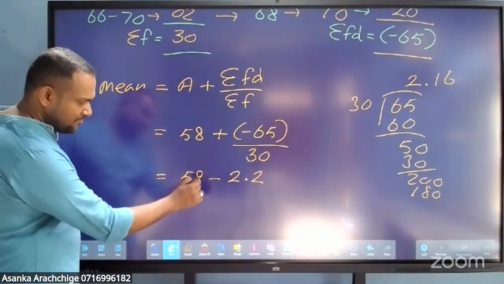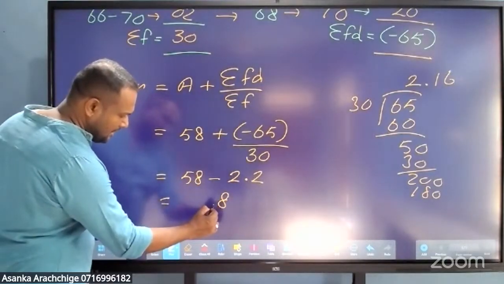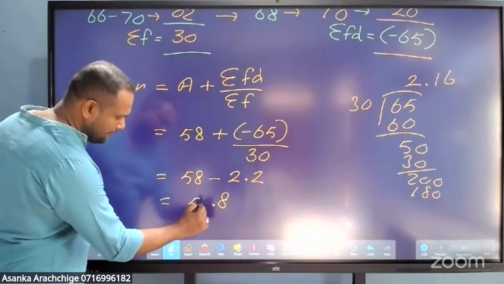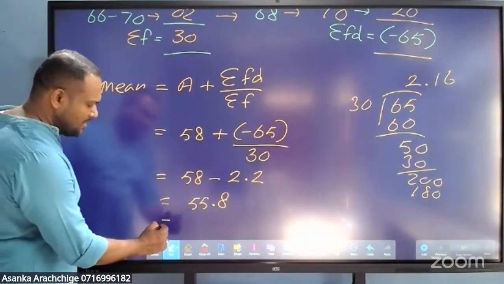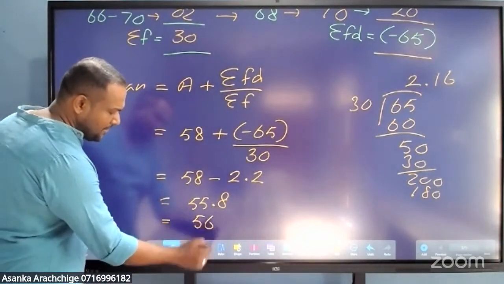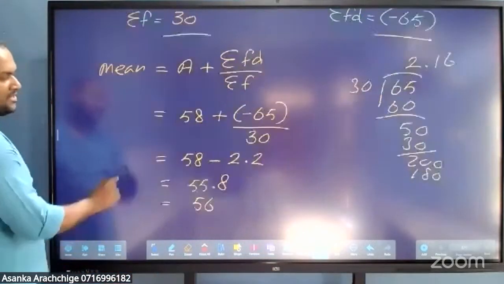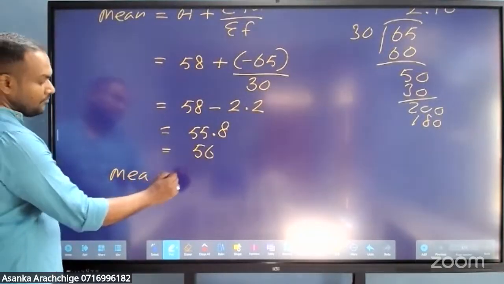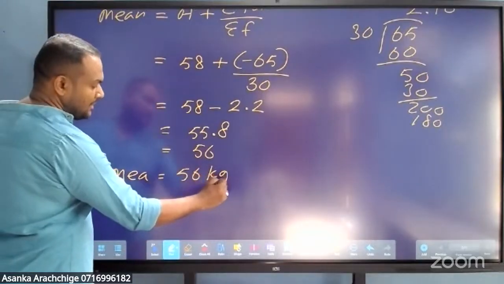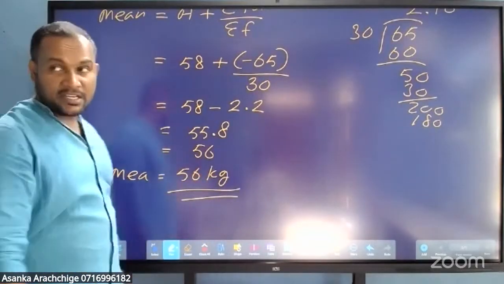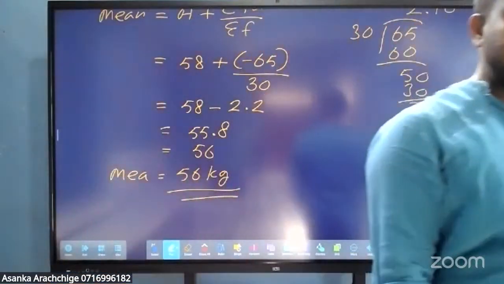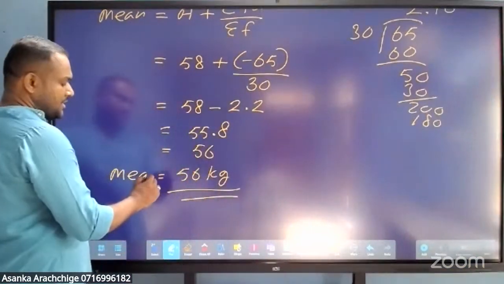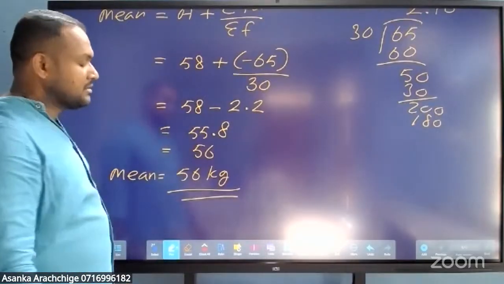When we subtract, then 10 to 8, then 70, 57 subtraction to 55. 55.8 means to the nearest whole number 56. 56 kilograms. Approximately they have distributed about 56 kilograms per day.